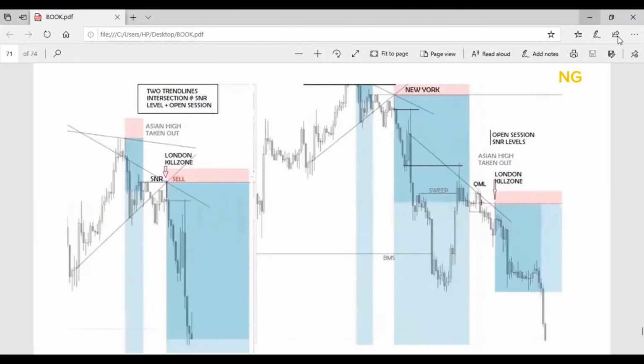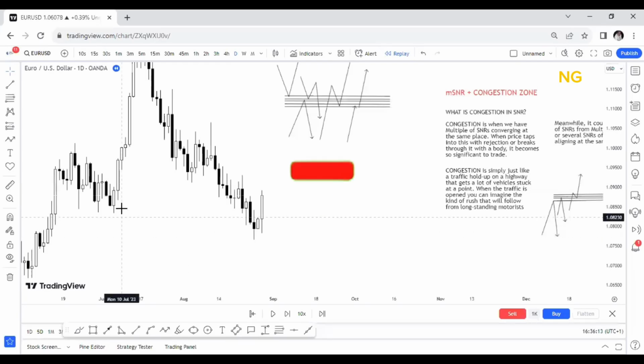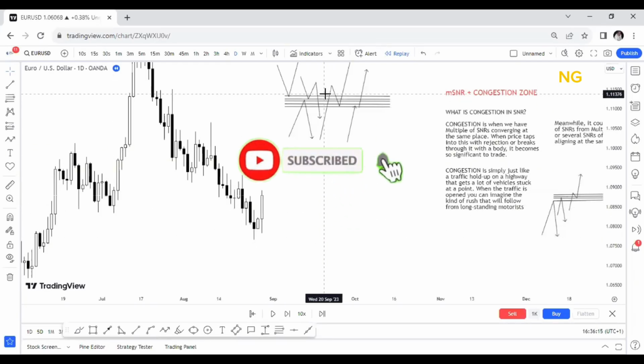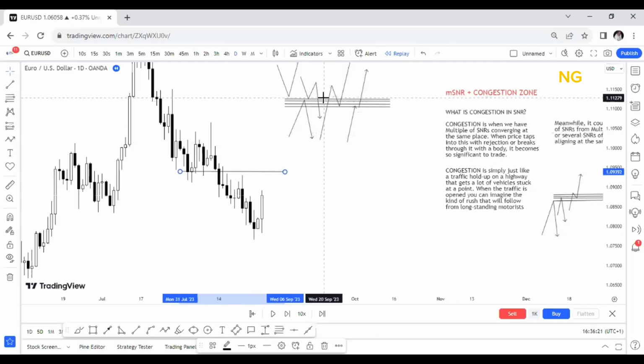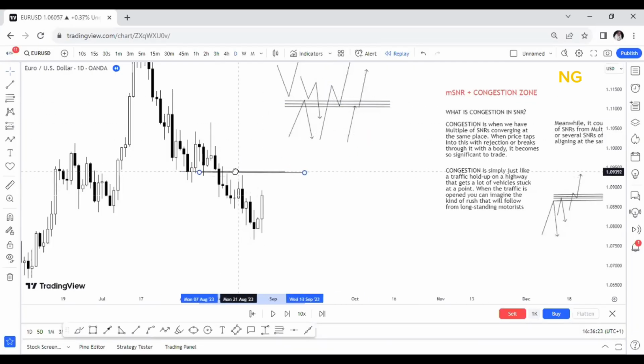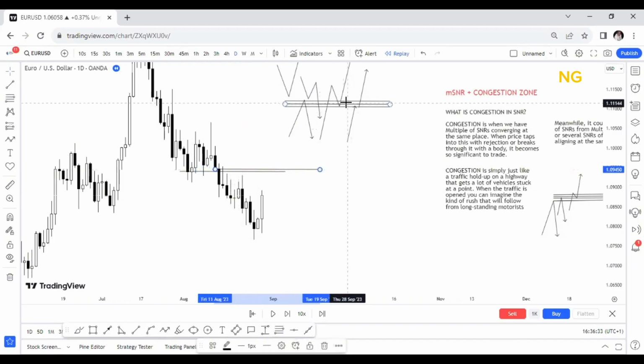So just open up your chart and see how price reacts in those areas. Like for example, we have here, we have this, 1, 2 together at the same place.